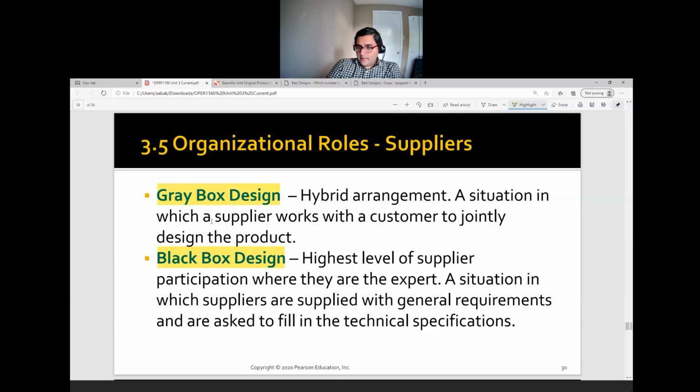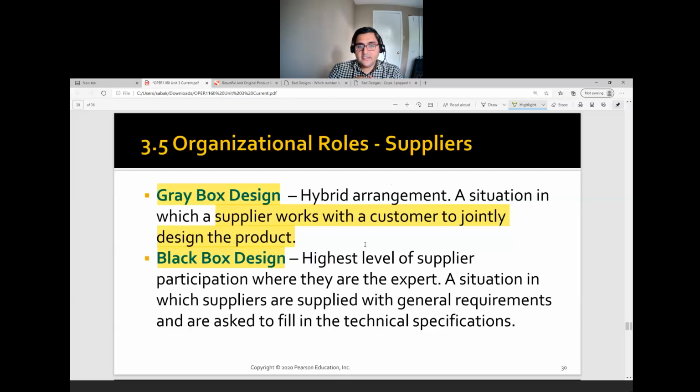The keyword is called a gray box design and a black box design. So let's say that if you're an operations or a purchasing manager, and your supplier works with you jointly to design the product, and there's a good sense of loyalty of the supplier to your company, you will be sharing the details of the product which you are trying to develop.